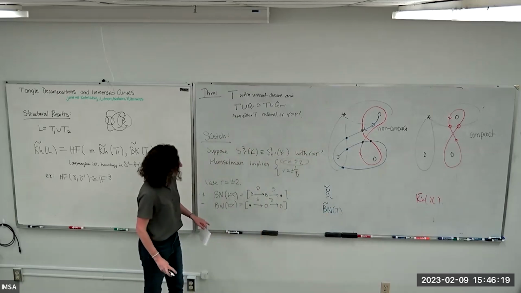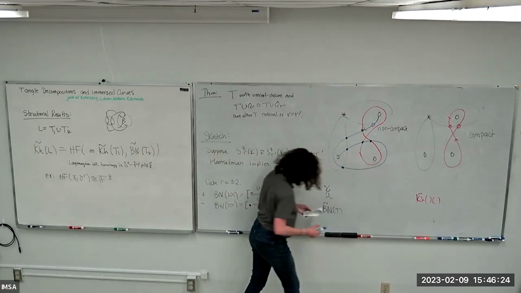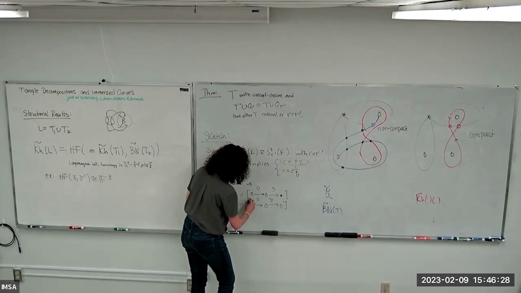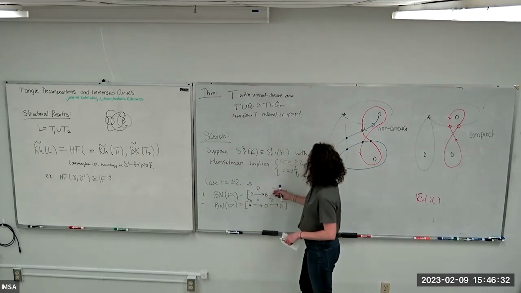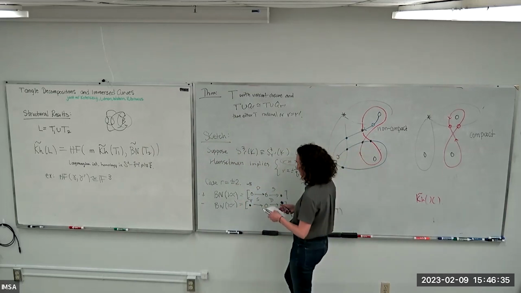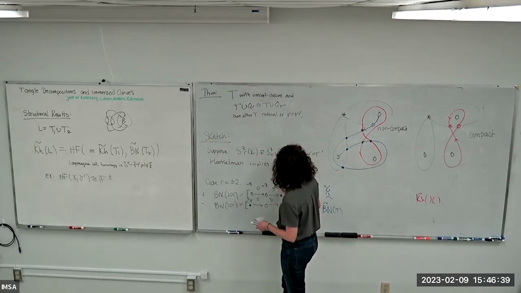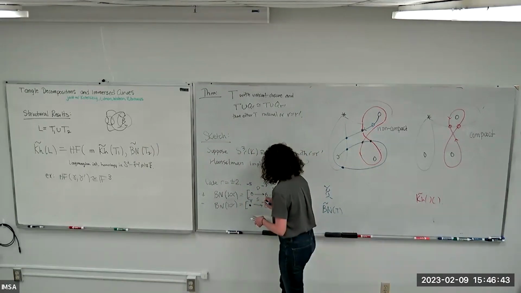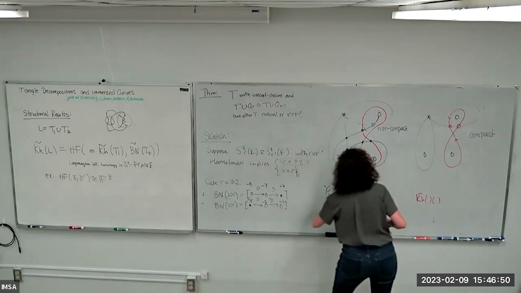I haven't really said anything about gradings, but one can calculate some gradings and put them in this picture. So this grading would be -5, and the grading of this generator would be -4. D and S behave differently with respect to the gradings. It doesn't just linearly increase. This one goes up by 2, and this one goes up by 1. So they can all be graded -3, -1.